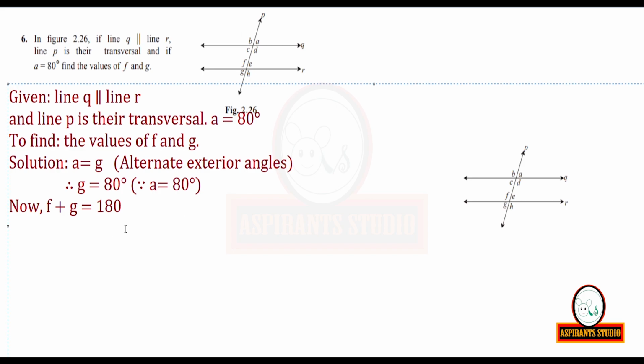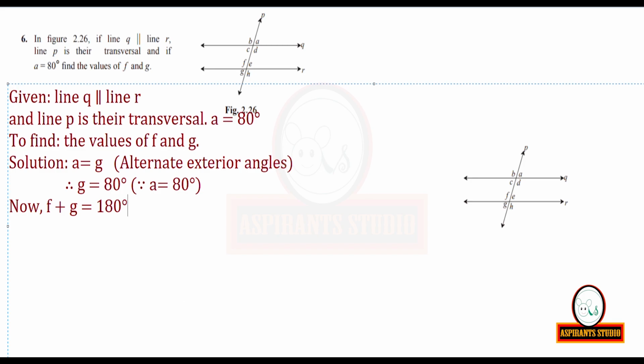Angles in a linear pair. F and G are angles formed in the same straight line. Sum of the measures of the angles in a linear pair is 180 degrees, because angles in a linear pair are supplementary. So F plus G is equal to 180 degrees.